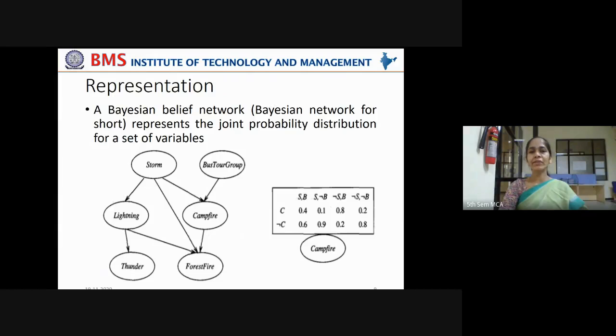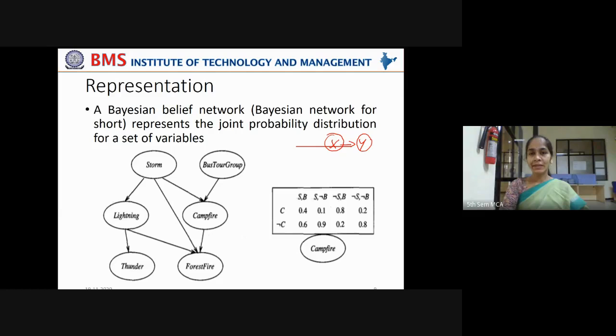Now, how are Bayesian belief networks represented? Why do you call them belief networks? Because if X is determining Y, or Y is dependent on X, it means the probability of Y is dependent on the probability of X. The probability of you coming into this world increased because of your parents already existing in this world, right?